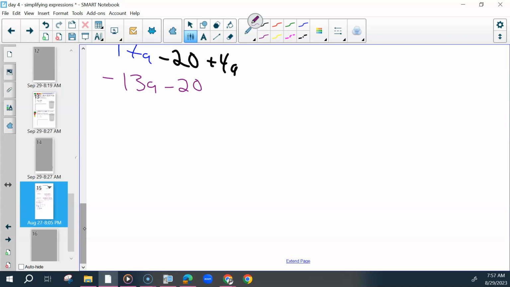So we have about 18 minutes left. I say that because the bell maybe will go off on time around 8:15-ish. So for the remainder of class, you are going to choose one of these two options. If you feel like you're good with translating, but maybe not so good with simplifying, you are going to grab one of the simplifying papers from up here, and there are 9 questions around the room, and you can grab a clipboard from the back, and you're going to go answer those 9 questions.